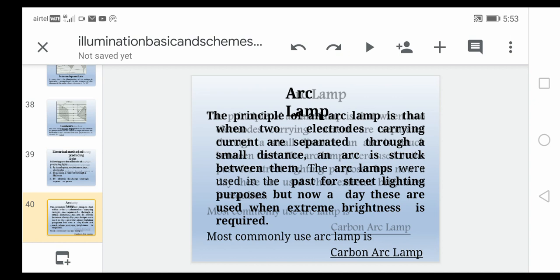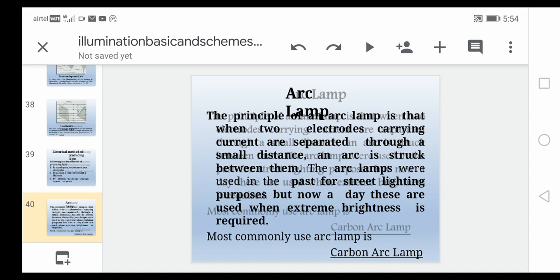Arc lamp: what is meant by an arc? Whenever two electrodes touch together, automatically it produces some arc. The principle of an arc lamp is that when two electrodes carrying current are separated by a small distance, an arc is struck between them.